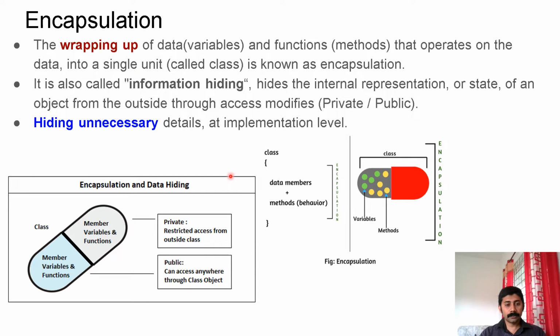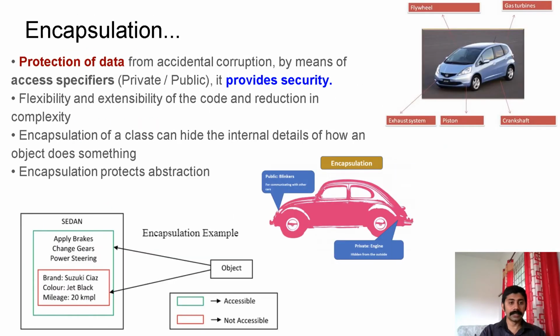So encapsulation provides wrapping up of data and functions into a single unit, and it provides the ability to hide the unnecessary details. The protection of data from accidental corruption by means of access specifiers. It provides security, flexibility and extensibility of the code and reduction in complexity.